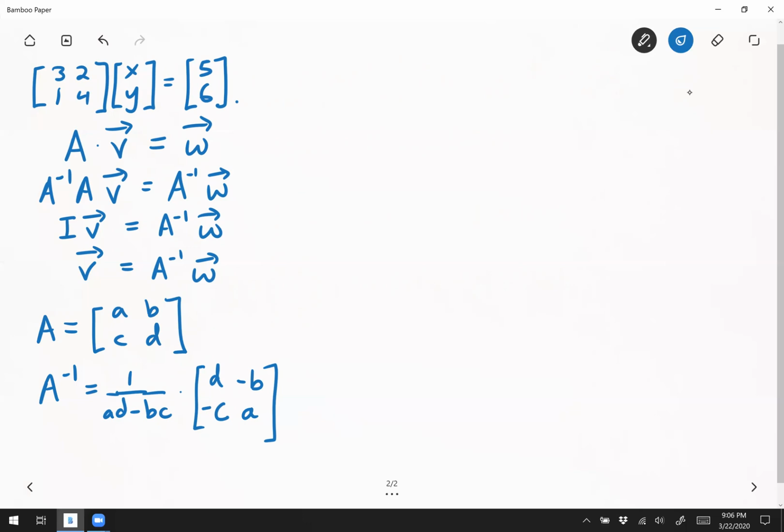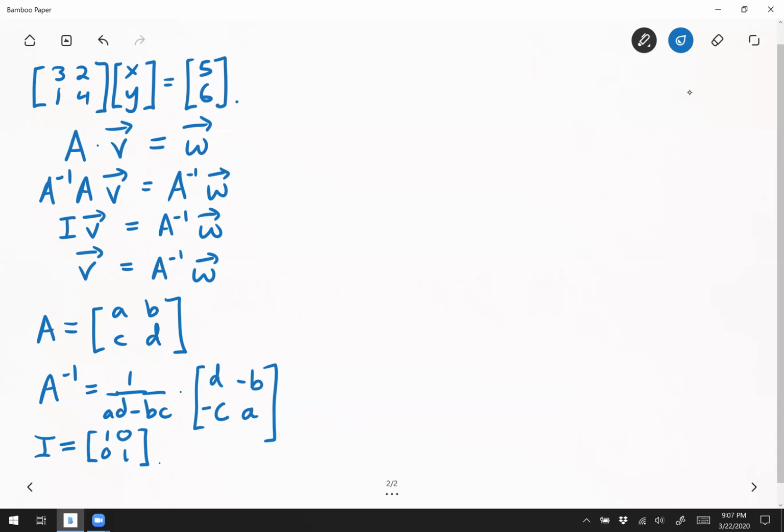And this, in fact, gives you the inverse matrix. When you multiply A times A inverse, you'll notice you get the matrix I, which has 1, 0, 0, 1 in it. The identity matrix for 2x2 matrices.